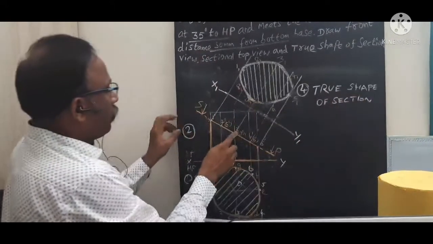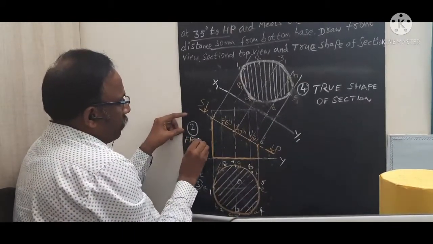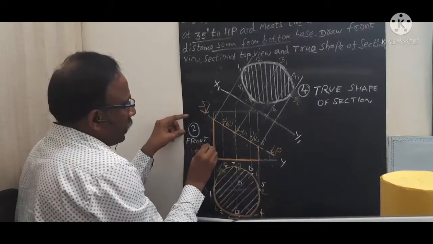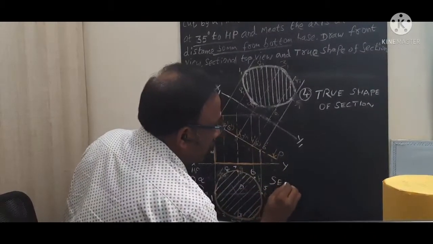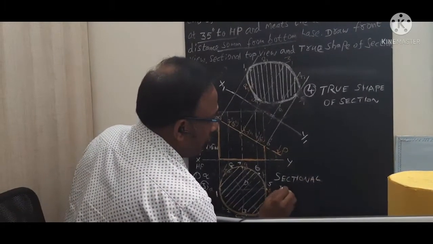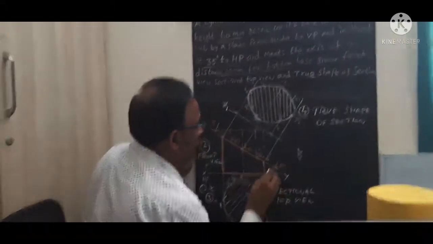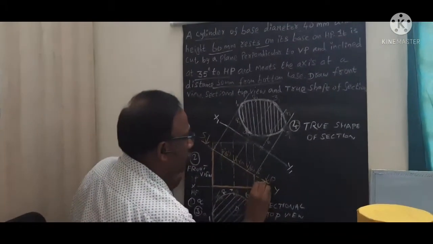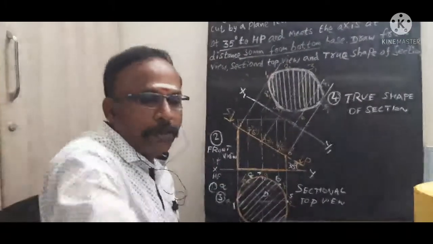Then this view I call as front view, and this view I call as sectional top view. And also you can mark the given dimensions and the angles. These angles, you mark the given dimensions and diameter we need to mark.